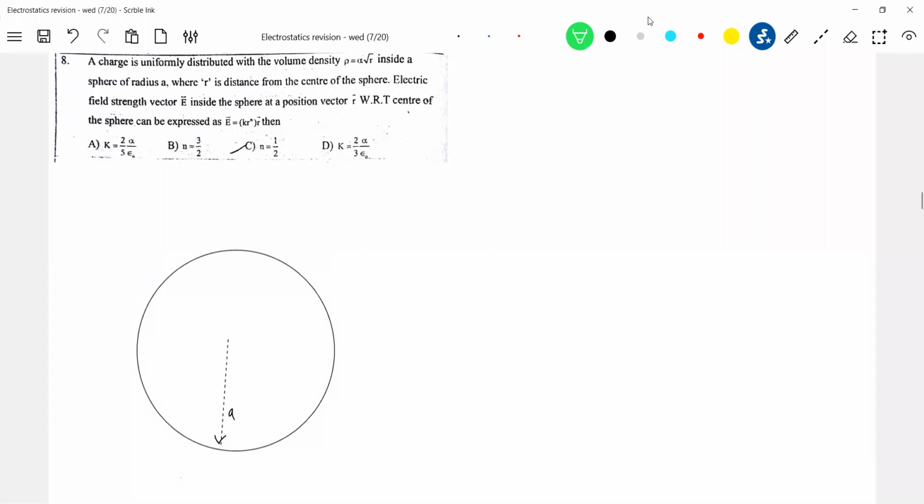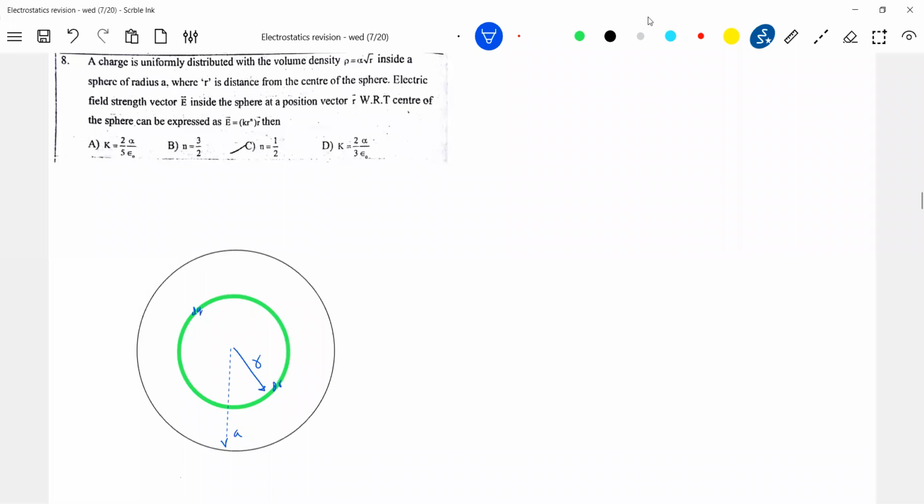So let me assume a strip of radius r with thickness dr. What is the charge present in this? Let it be dq.